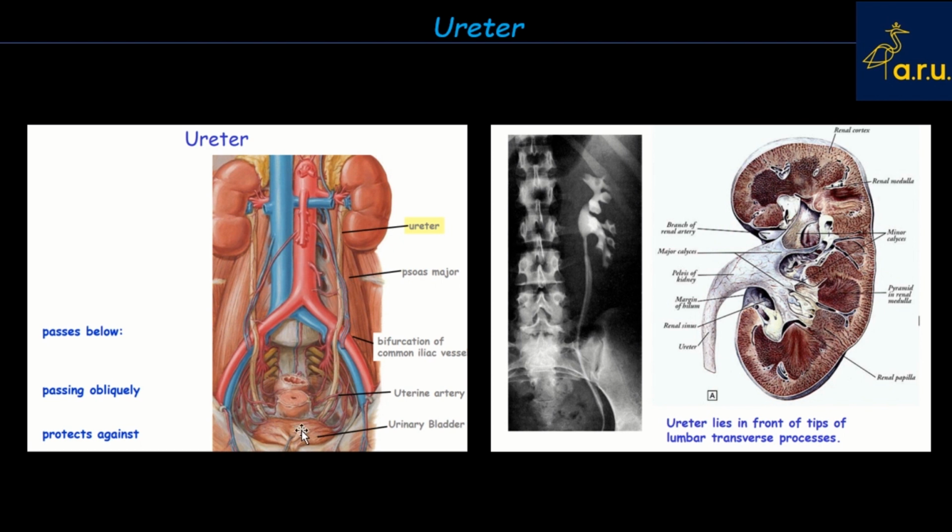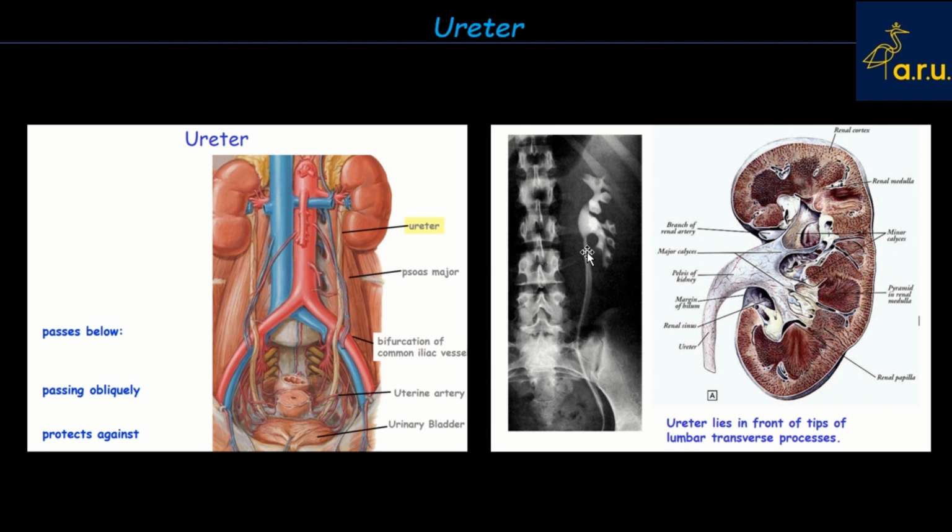Now, if we follow the course of the ureter, we can see that each ureter is constricted at three different positions along its course. At the junction of the renal pelvis and the ureter, so this dilated renal pelvis constricts over here to form the beginning of the ureter. That's the first point of constriction.